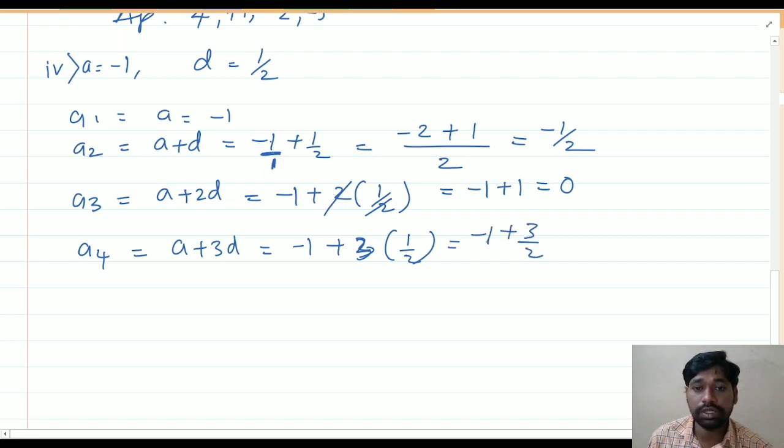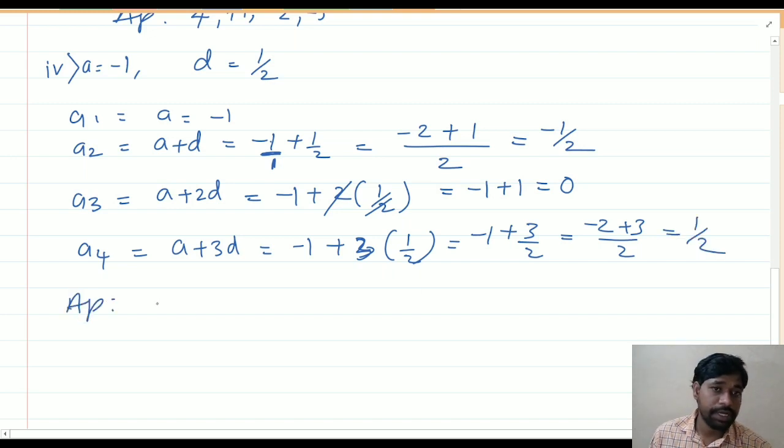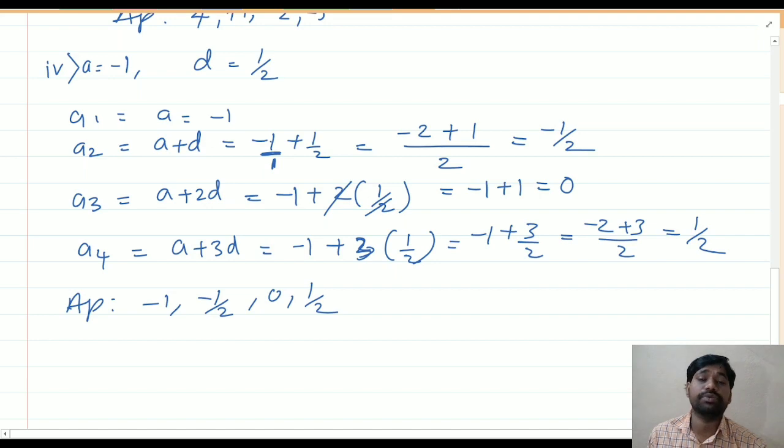Minus 2 plus 3 over 2 is simply 1 by 2. So the AP will be minus 1, minus 1 by 2, 0, 1 by 2.